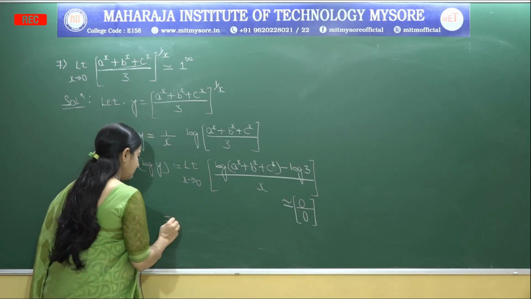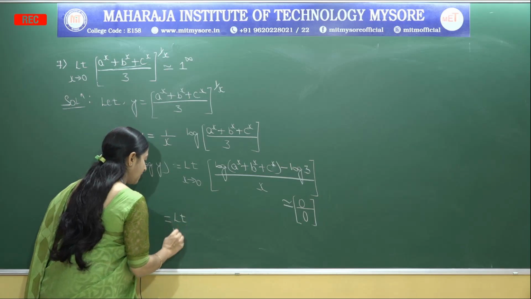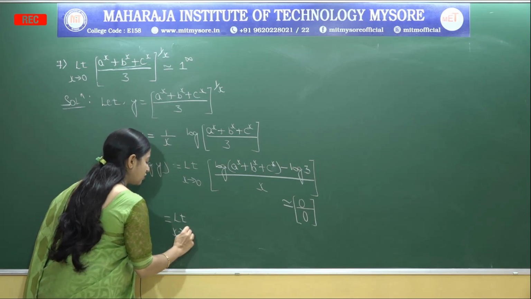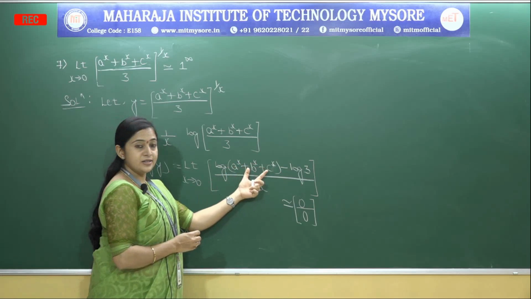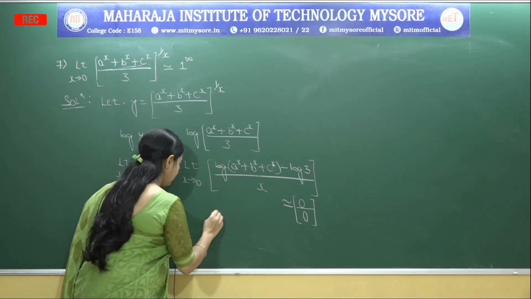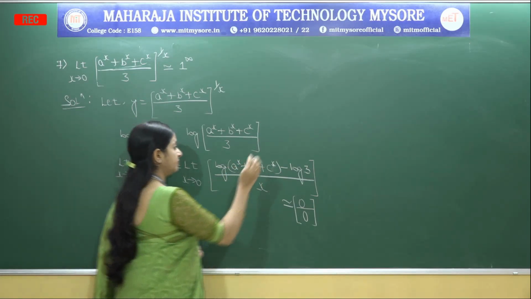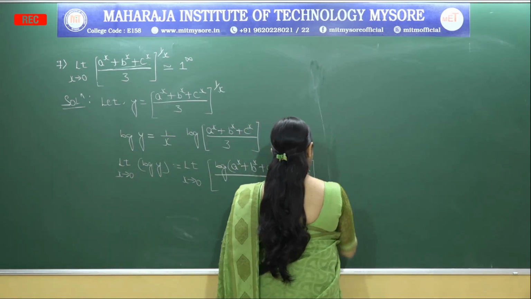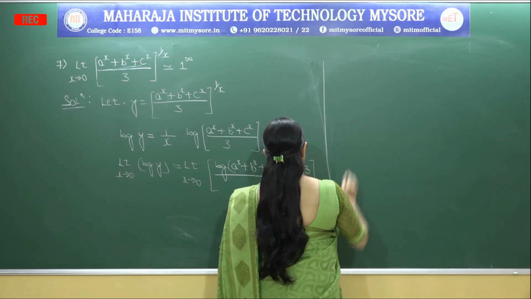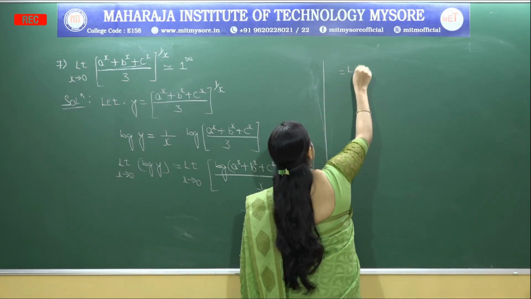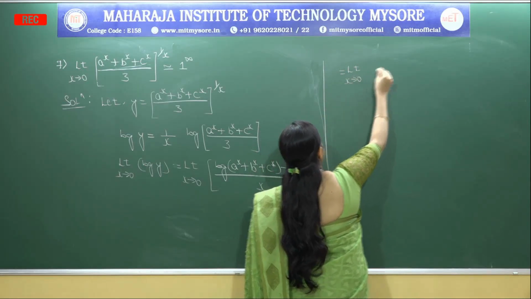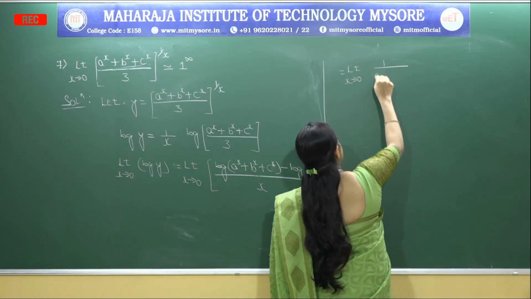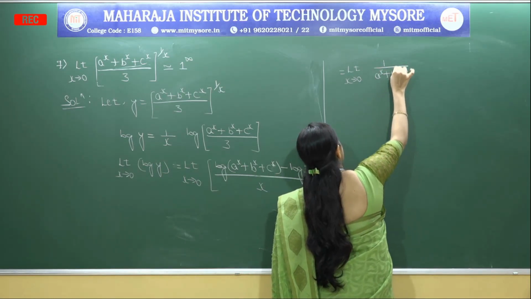So this equals the limit, you keep it as it is. Limit as x tends to 0, the differentiation of log is 1 by x.